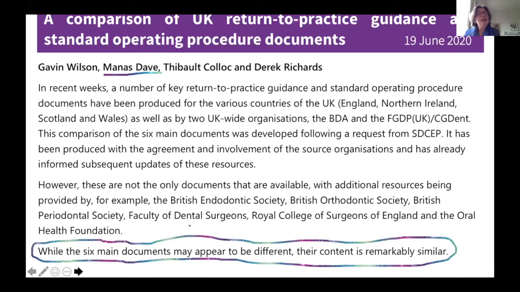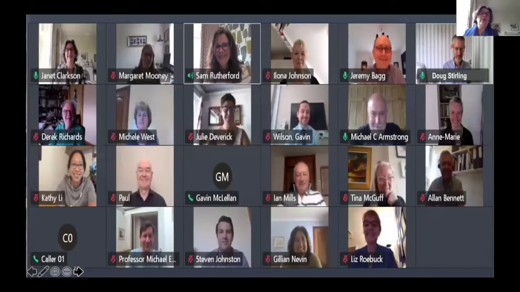As you can see here, I've highlighted Manas's name. He was one of the key individuals who took this work forward. The consequence of this is that a new group formed, the SDCEP AGP working group, and it is a vibrant community that still meets every 6 weeks.